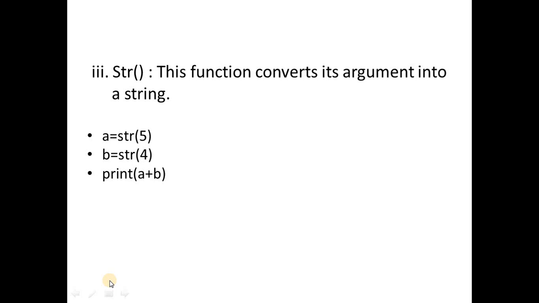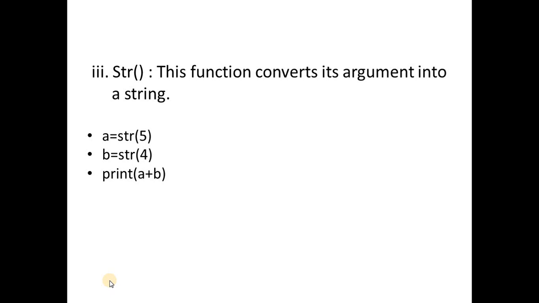The str function, again by the name we can understand, simply converts the argument or parameter which you are passing into a string. Example, a equals str(5): 5, that is a number, is converted into a string and stored in variable a. b equals str(4): again 4 is converted into a string and stored in variable b.